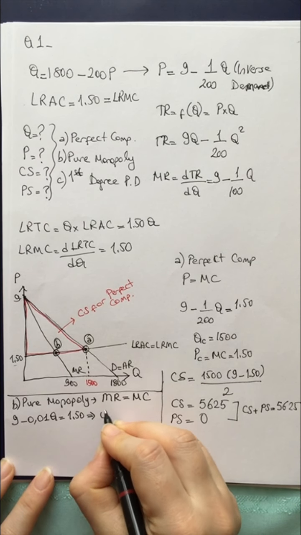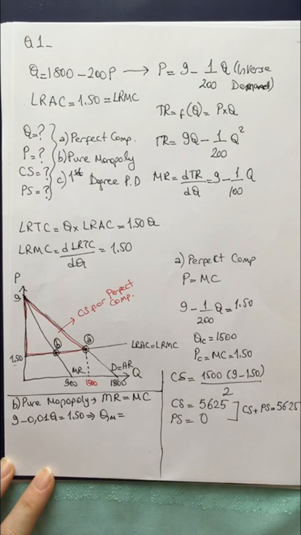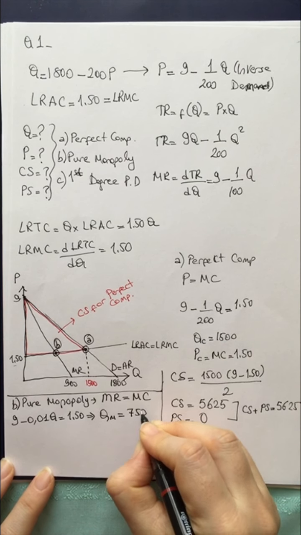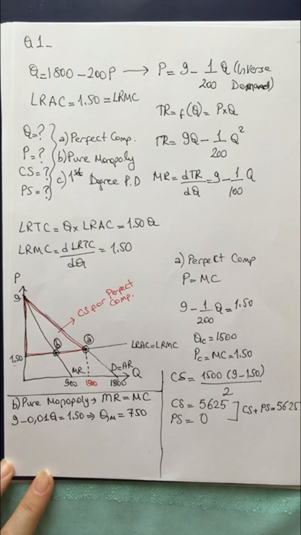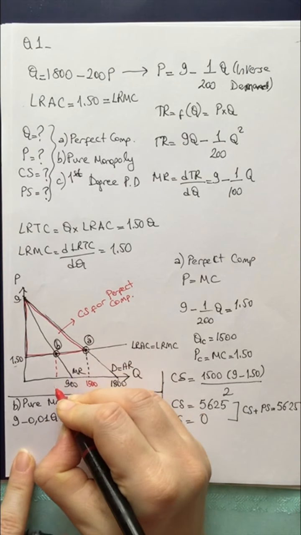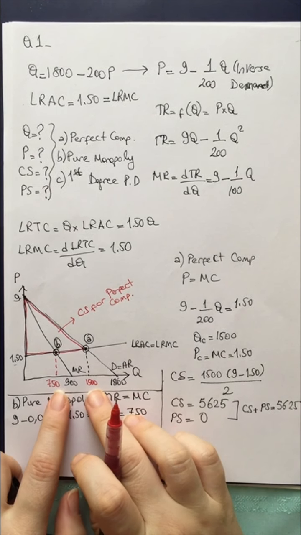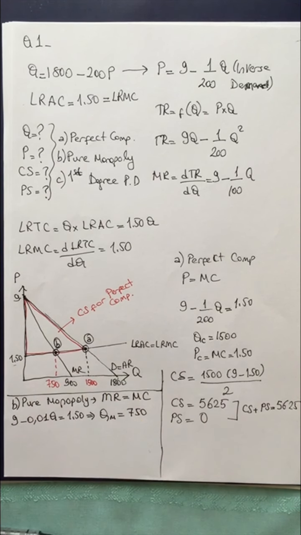From here you will get the monopolistic profit maximizing output, which is 750. So this point is 750, just half of the competitive output.